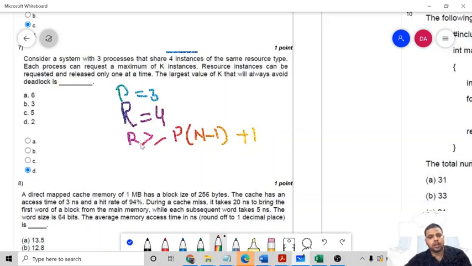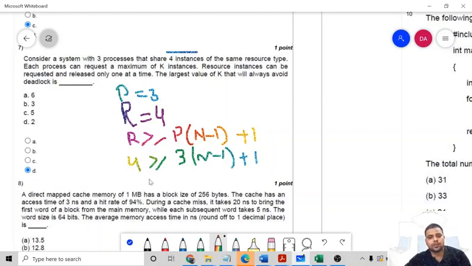So now put this in. Here 4 is greater than or equal to P, which is 3, times (n minus 1), plus 1. If you solve this, 4 minus 1 is 3, then 3 and 3 cancel.